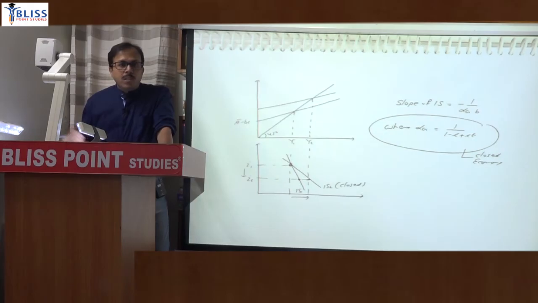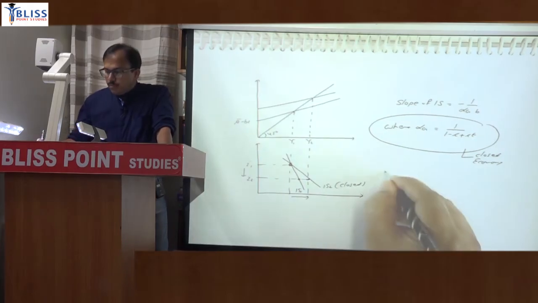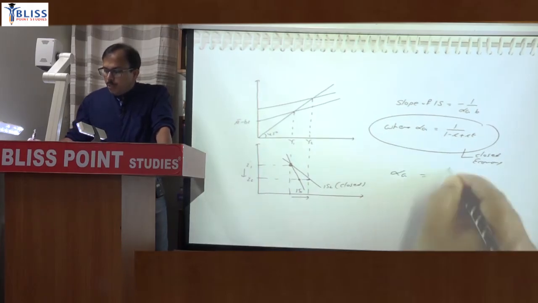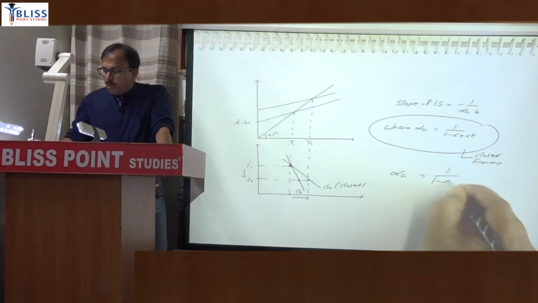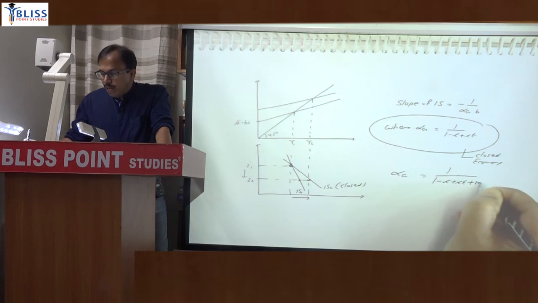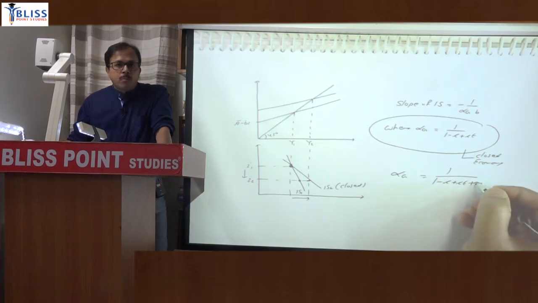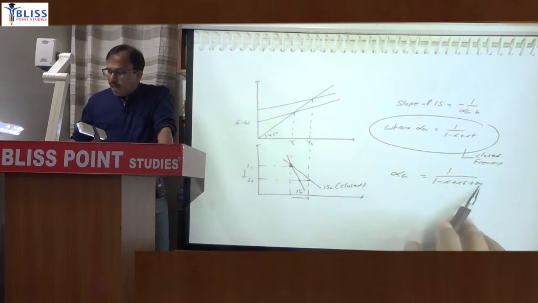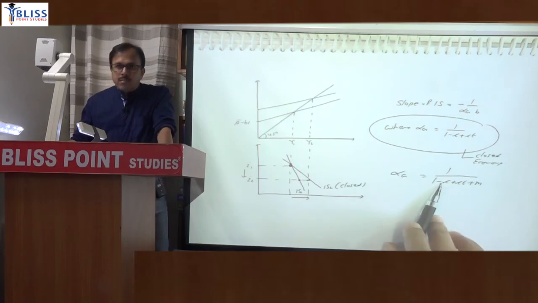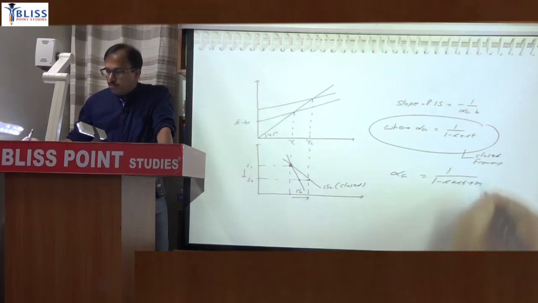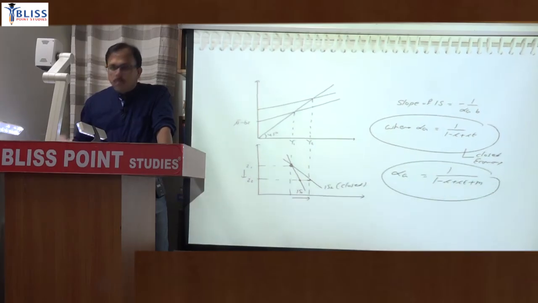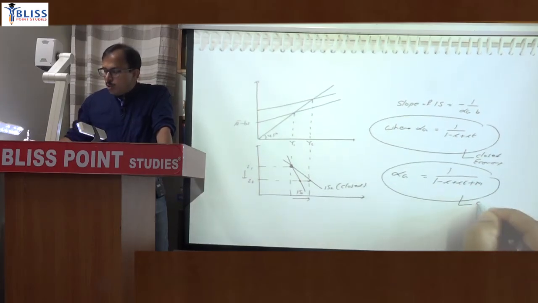But what happens in the open economy? In the open economy, the multiplier becomes 1 upon 1 minus c plus ct plus m, the marginal propensity to import. So you are adding some value in the denominator, which means the value of the multiplier will get reduced. This is for the open economy.